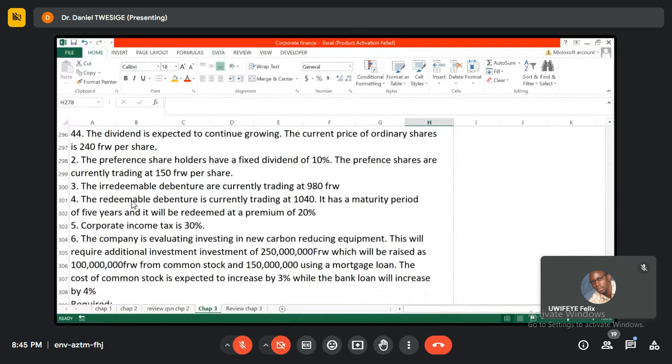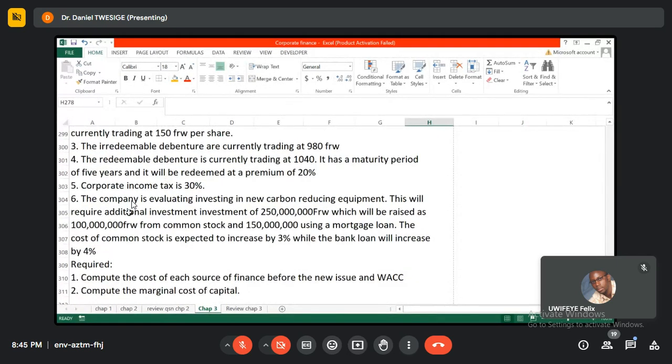Then number 6, the company is evaluating investing in new carbon reducing equipment. This will require additional investment. It's written twice.